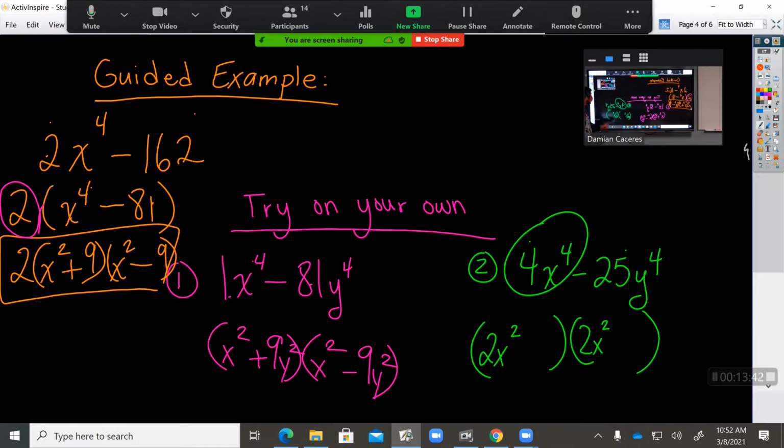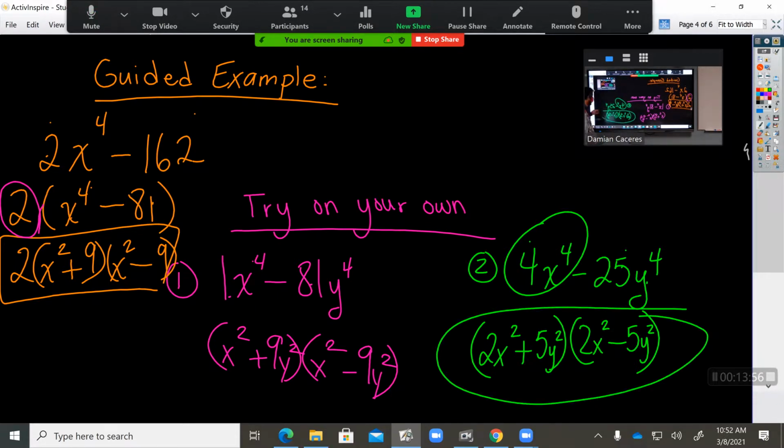Now break down the last one. 25y to the fourth would be 5y to the second times 5y to the second. And now make sure the signs are different. So far, so good. Any questions on that?